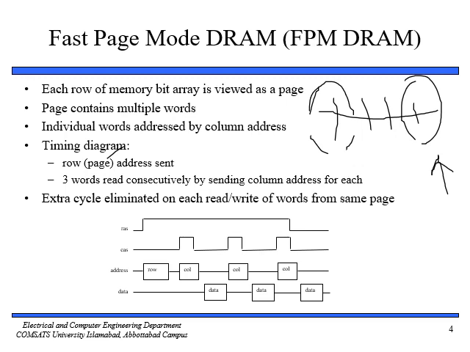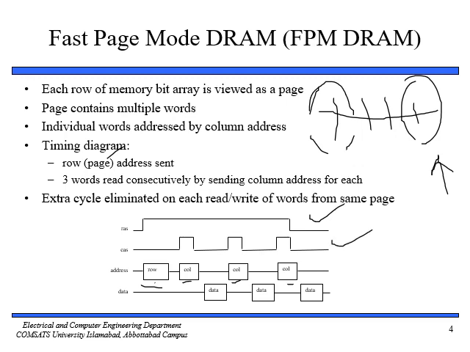Extra cycle is eliminated on each read or write of a word from the same page. Because we use the row only once, and then we use column, column, column, we can eliminate that extra cycle for the row. This is the RAS signal, that is the row signal, and there is the CAS signal, that is the column signal.